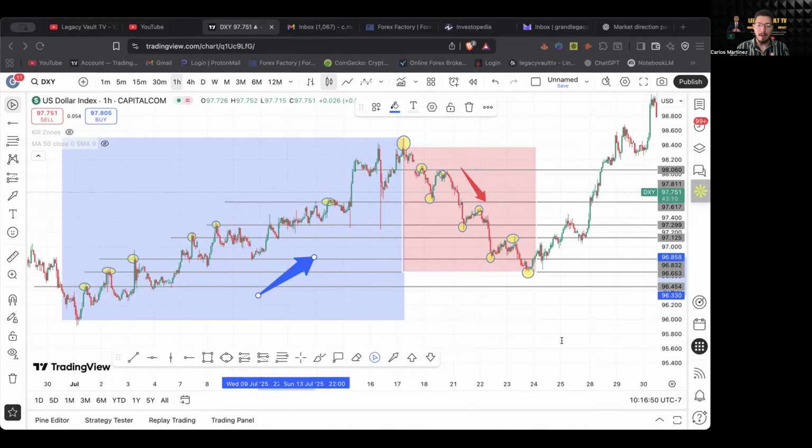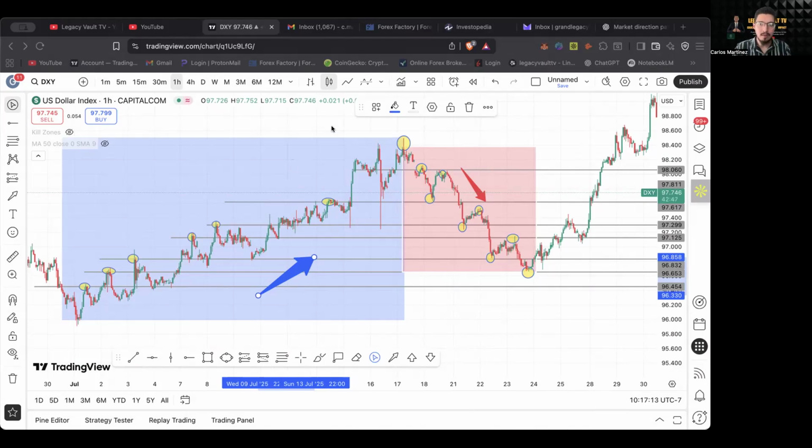It retests that support level, that resistance level, or supply and demand zone before continuing in the same direction. The retest gives traders a high probability entry since it confirms the breakout wasn't a fake move.